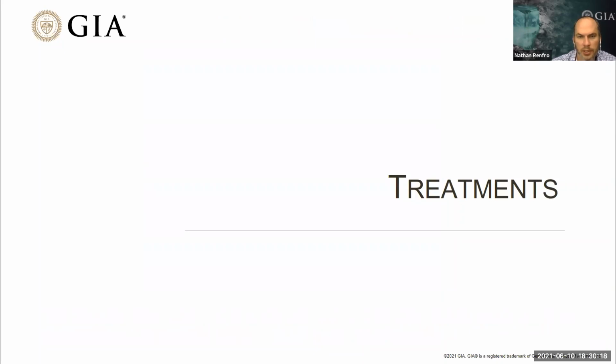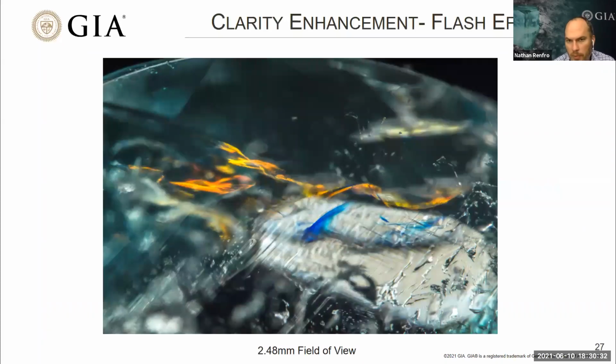Okay, so now we're going to look at a few examples of treatment in the microscope. And again, most of the treatment is really centered around clarity enhancement or minimizing the appearance of fractures in the emerald. And so the most recognizable way that we detect clarity enhancement, either by oils or resin, is by what we call flash effect.